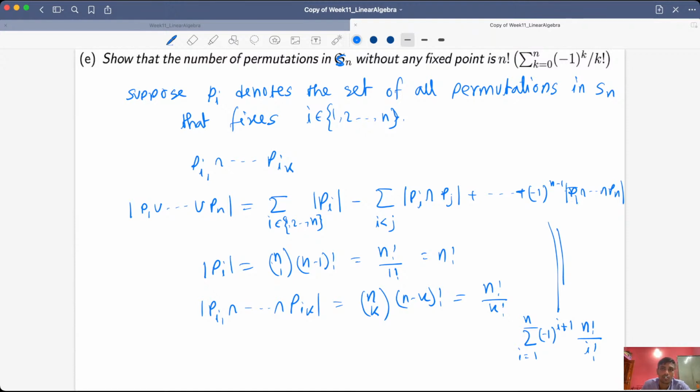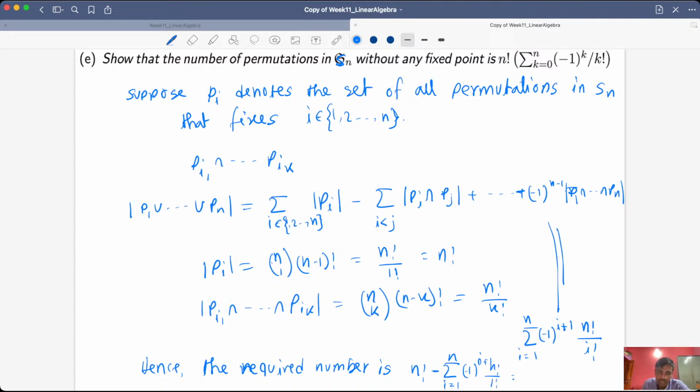So the required number is just the total number minus this number. Hence the required number is factorial n minus this sum, from i equal to 1 to n of minus 1 to the power i plus 1, factorial n by i factorial.